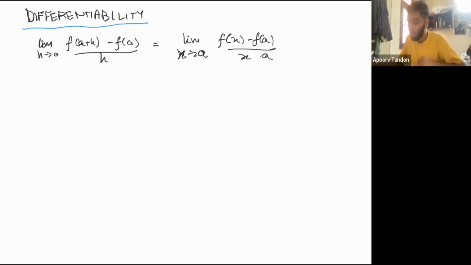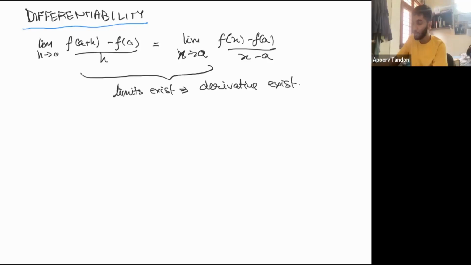So these are the two alternative forms of the derivative. The first one being the derivative by first principles and the second one being equivalent to the first. And the condition for existence of the derivative was that these limits exist. And if these limits don't exist, that is, the left-hand and right-hand limits don't concur, then the derivative does not exist.